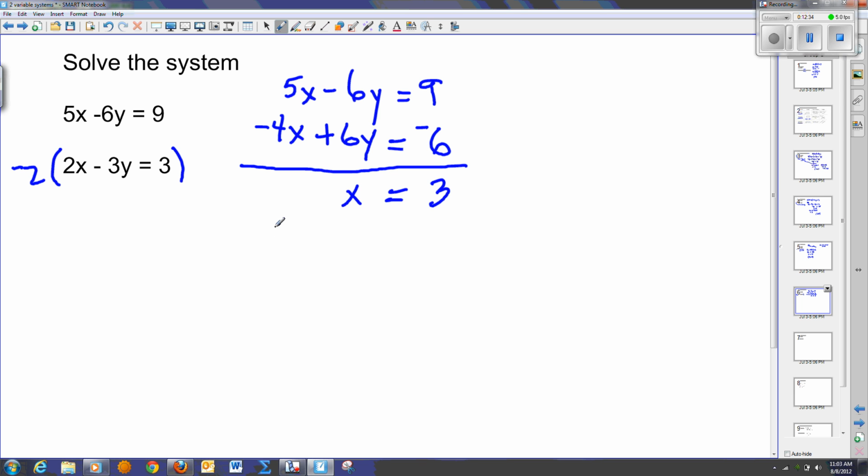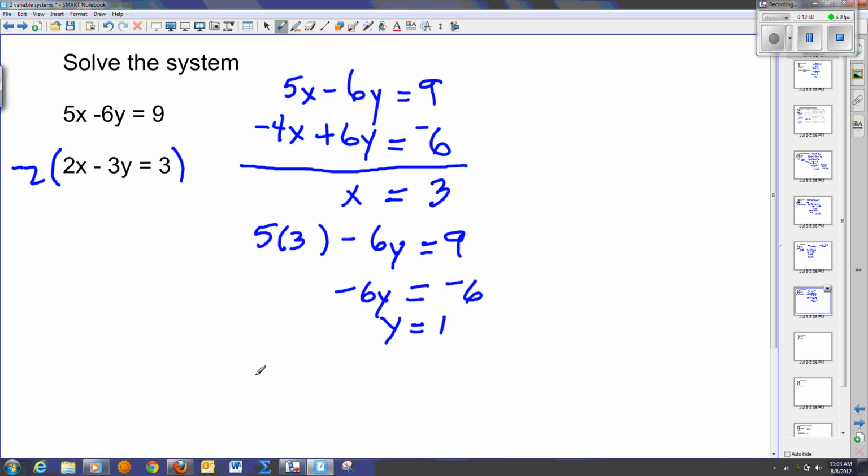Once I have that x value of 3, I substitute back in. I get 5 times 3 minus 6y equal to 9. Bring the 15 over. I get -6 equals -6y. Y ends up equaling 1.